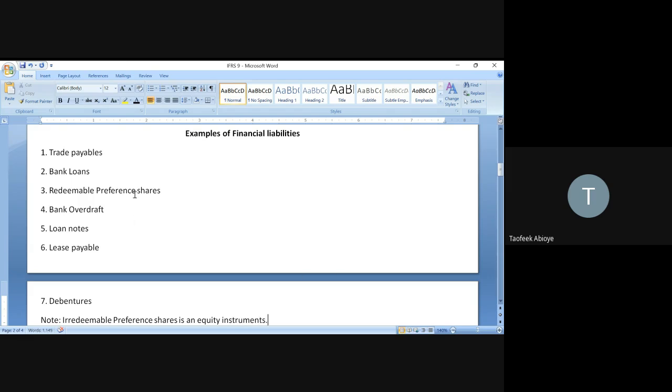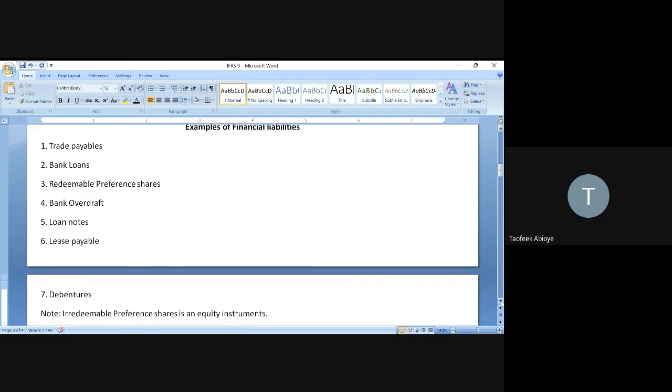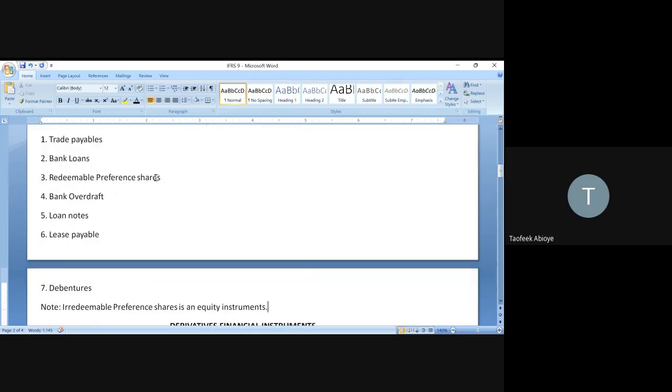So we have redeemable and irredeemable. Redeemable preference shares are preference shares that you must redeem. That means you must repay it, and when you repay it, that is a loan. That means it is a loan. But irredeemable preference shares, it means you are not repaying that loan.